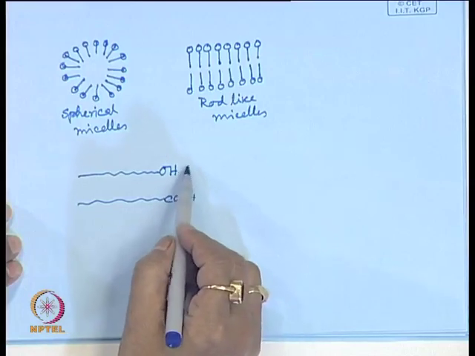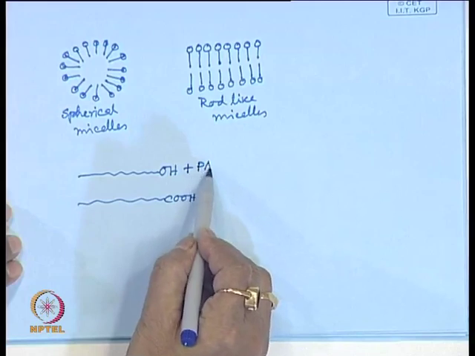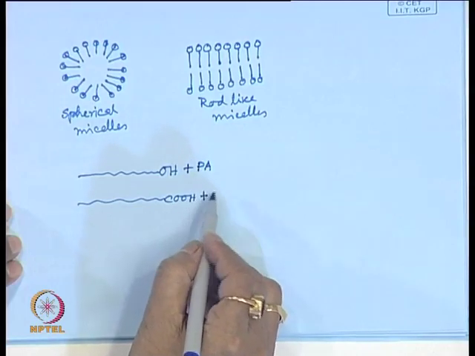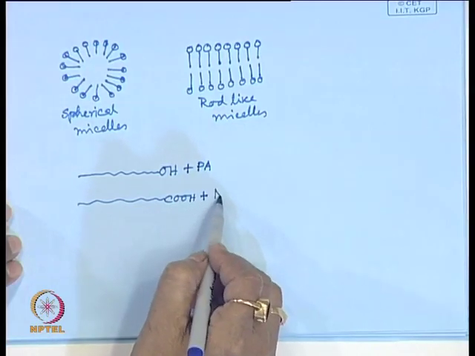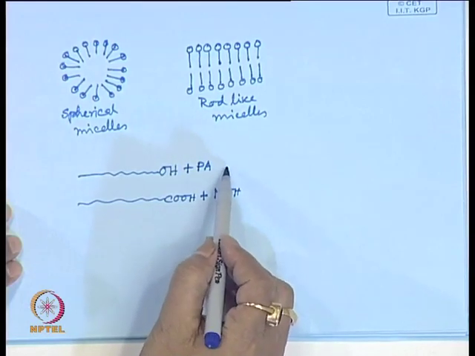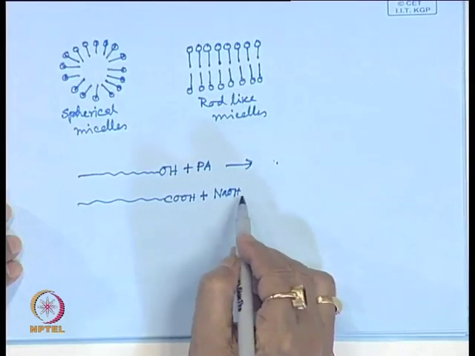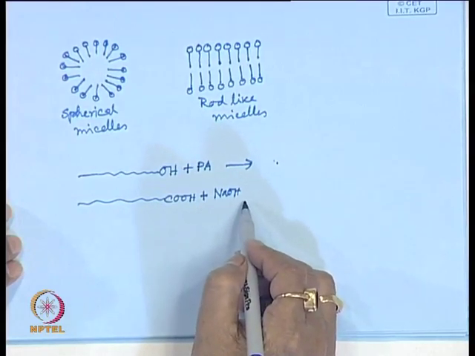Now, this fatty alcohol can be reacted with some phosphoric acid, or it can be reacted with some alkali, say sodium hydroxide. This will form some phosphate ester and this will form some sodium salt.